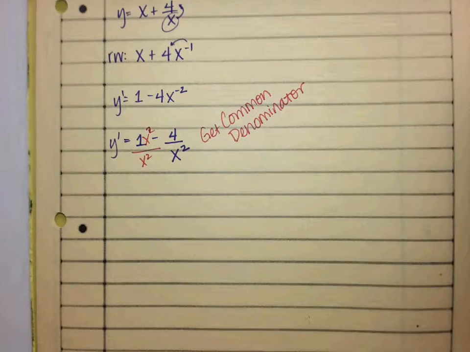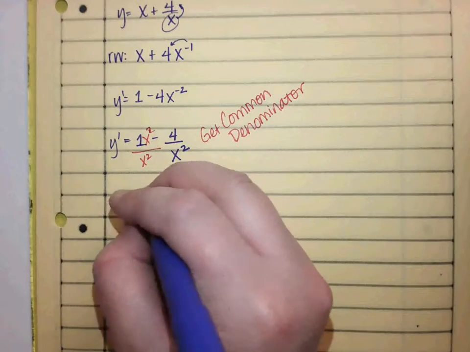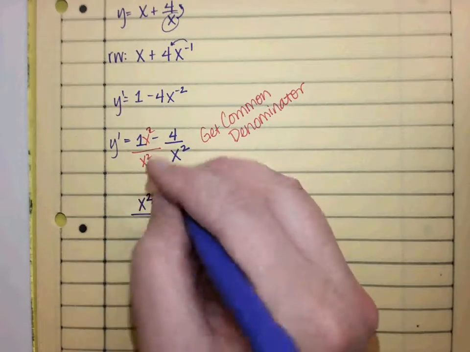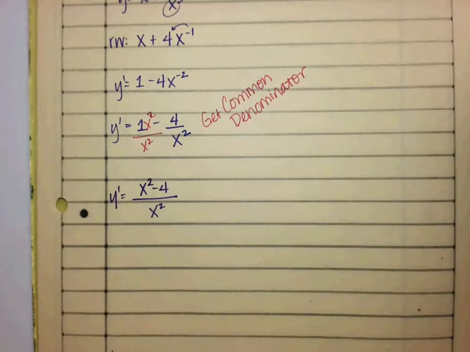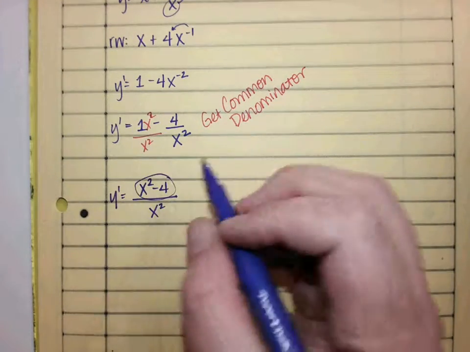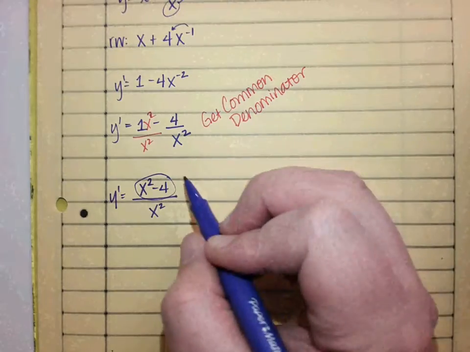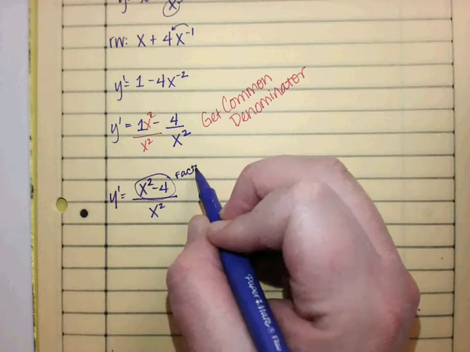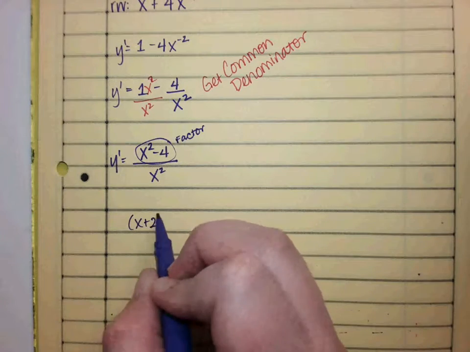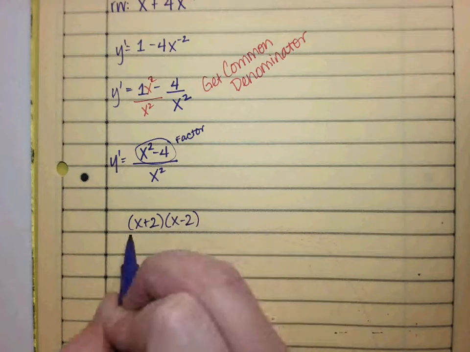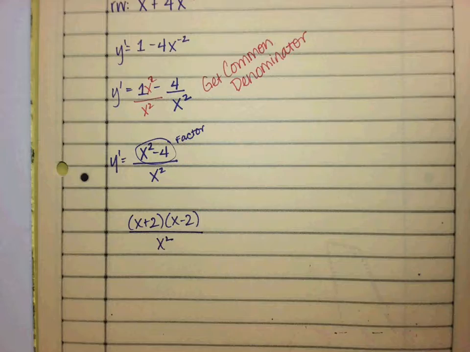The reason is that now on the top, I have 1 times x squared, that's just x squared, minus 4, and then over x squared on the bottom. And then I notice that the top is a difference of perfect squares, so I can factor that. When I factor it, I get x plus 2 and x minus 2. Then on the bottom, I still have an x squared.